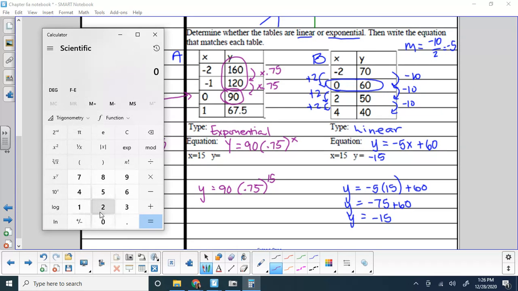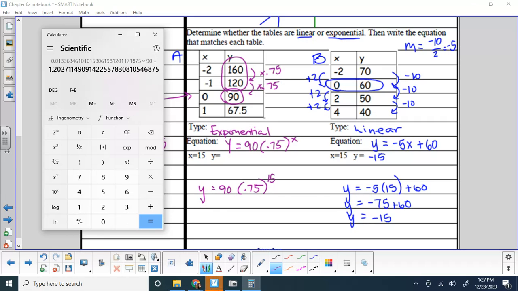All right, so we have 0.75 to the power of 15, enter. Oh, that's a very small number. And then we multiply it by 90. And when I do this, I get 1.203.